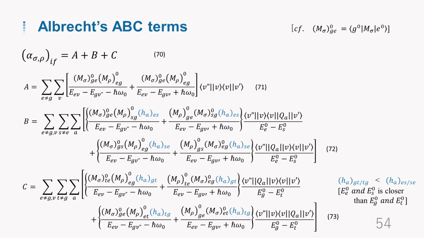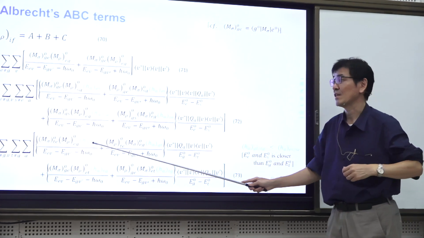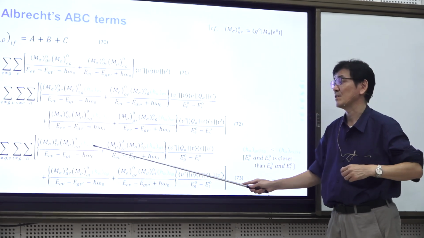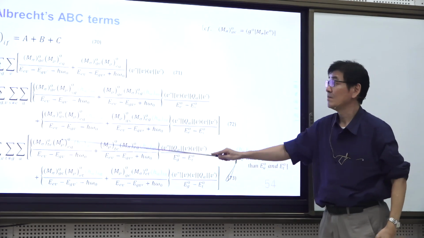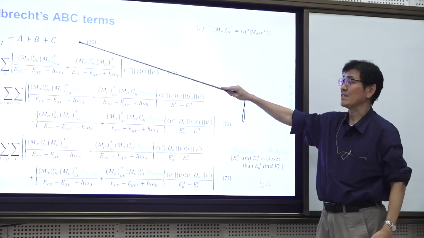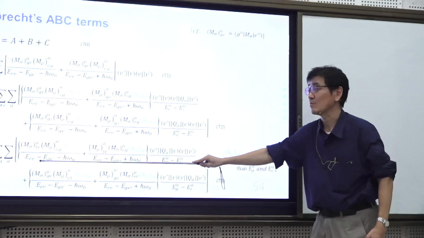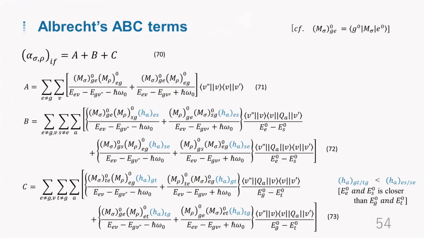C is the terms containing the mixing coefficient between the ground and excited states. So A is the largest, B is medium, C is small. So this is the classification, so-called Albrecht's ABC terms.